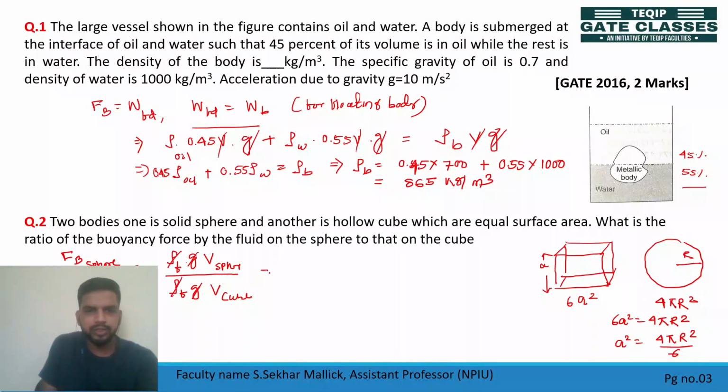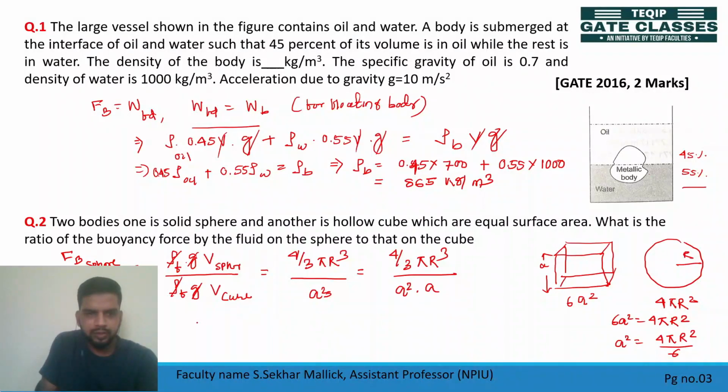So volume of sphere is how much? 4 by 3 pi r cube. Volume of cube is how much? A cube. So can I write denominator as a square into a? And what is a square?